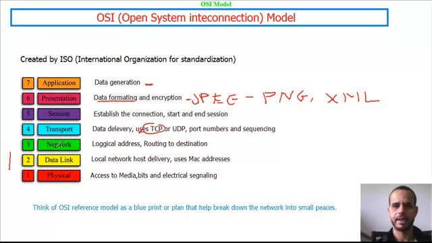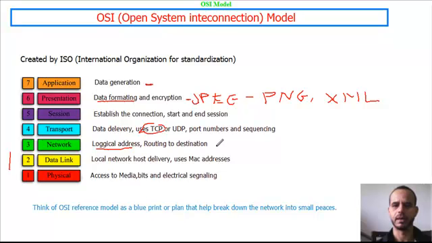Moving down to the network layer. The network layer is the 3rd layer of the OSI model and defines the logical addressing. The logical addresses are the IPv4 or IPv6 addresses that are used to route traffic from one source to a destination. Also the routing. The routing is a process of forwarding packets from one host to another, and also path selection.